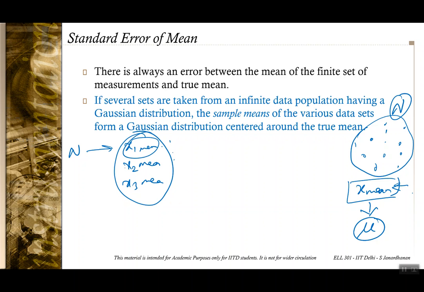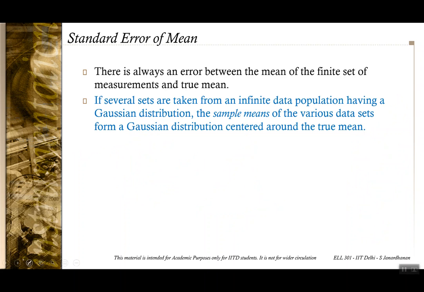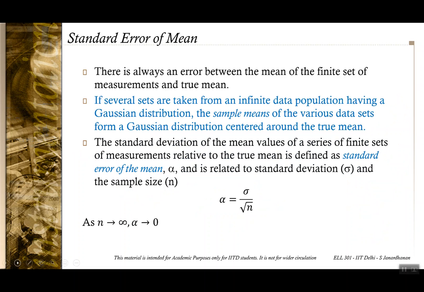If you take these as the data points and make a distribution, they would again form a Gaussian distribution centered around the true mean mu. The sample means from all these various data sets would form a Gaussian distribution.